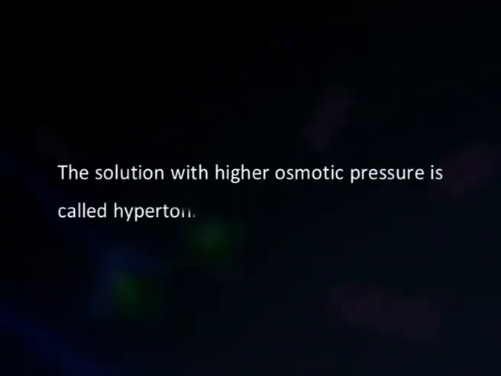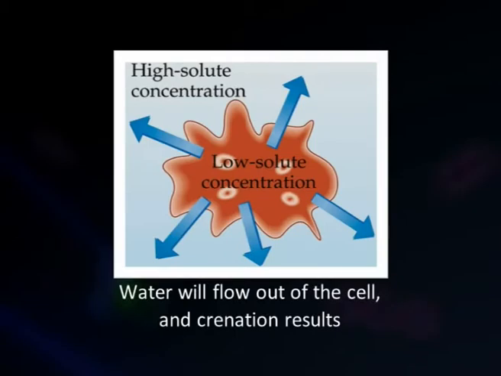Now we will discuss hypertonic solutions. The solution with higher osmotic pressure is called hypertonic solution. The concentration of hypertonic solution is greater. If we place a cell in hypertonic solution, the solvent particles will move outside the cell and crenation results.